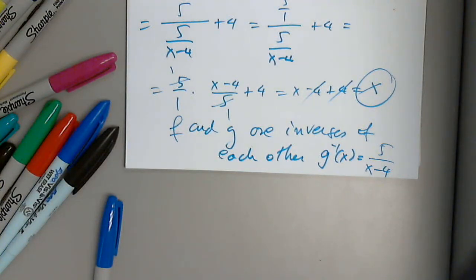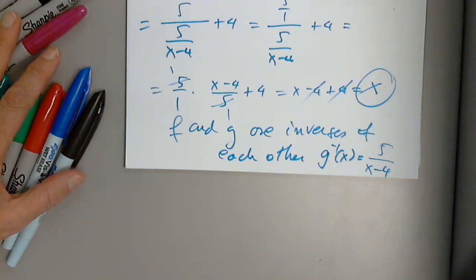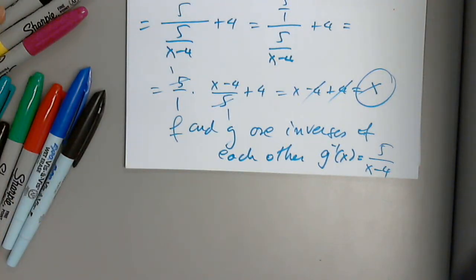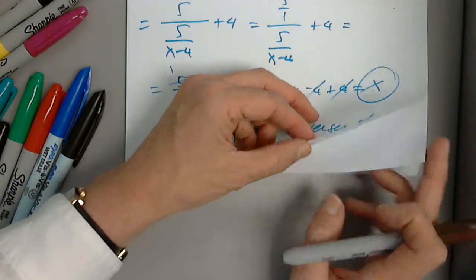If they are inverses of each other, f is the inverse of g, so f can be denoted by g inverse, and g is the inverse of f, so g can be denoted by f inverse. Very good. Good question. Anything else? Does it make sense? Perfect. Next question. Anything else you have for me?